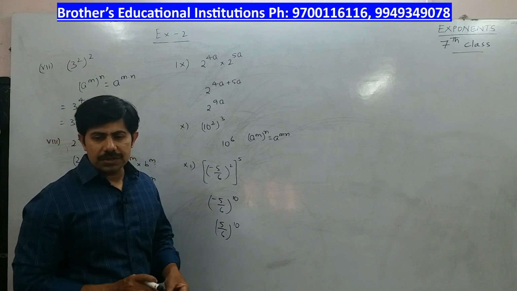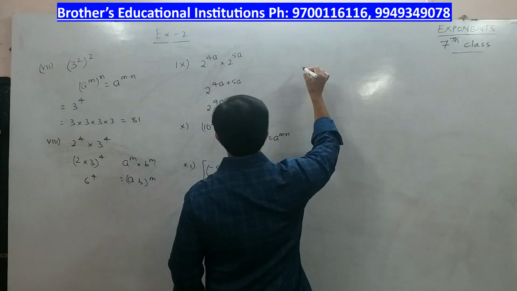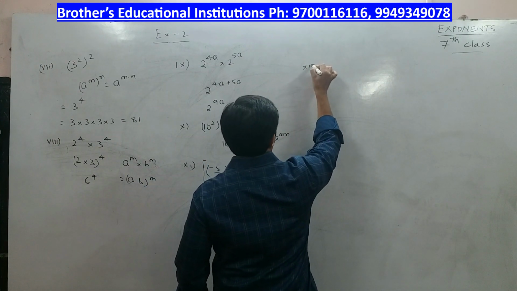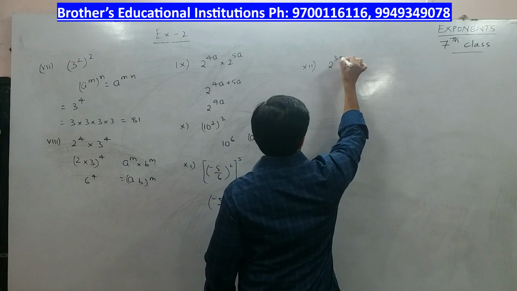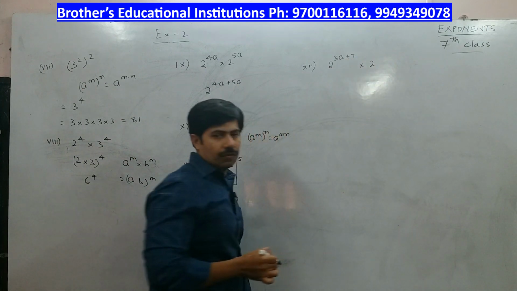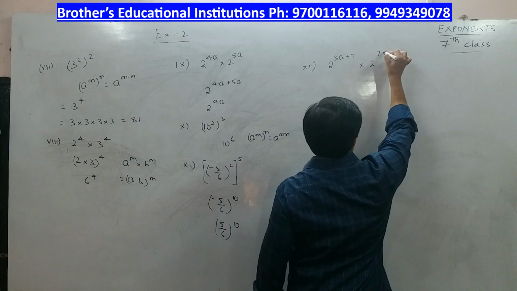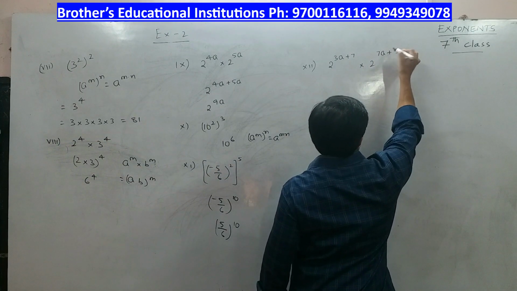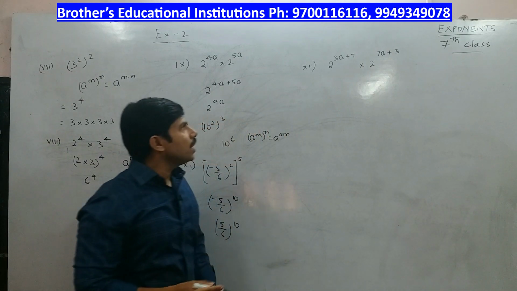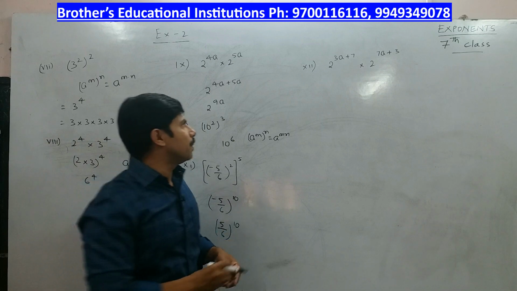Okay. So next one is 2 to the power of 3a plus 7 into 2 to the power of 7a plus 3. Okay. So here again the bases are same, they are in product. So we add the powers.